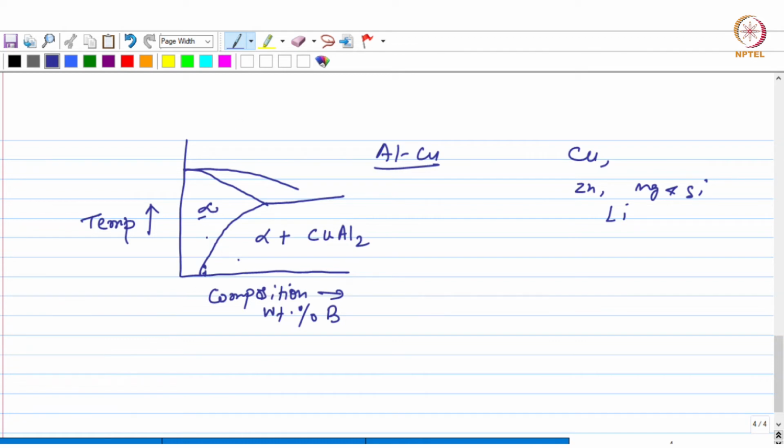can be dissolved in aluminium. And now if I increase the temperature, let's say I am somewhere here, then the solubility is much higher. Okay. So in order to do the precipitation hardening, what is done is the alloy is heated to this single phase field region to a higher temperature somewhere here, and then suddenly cooled or quenched.